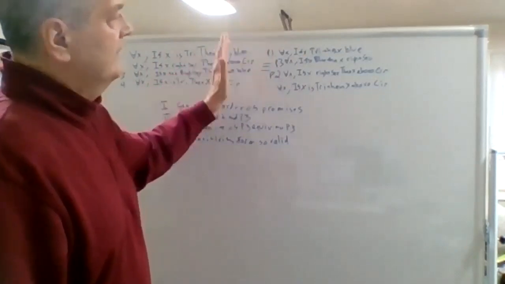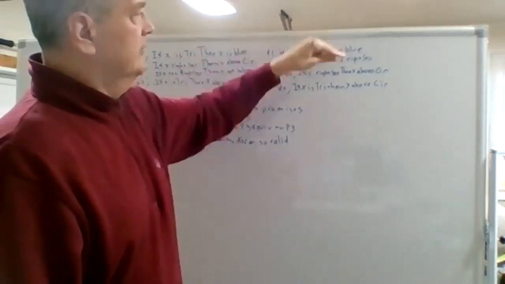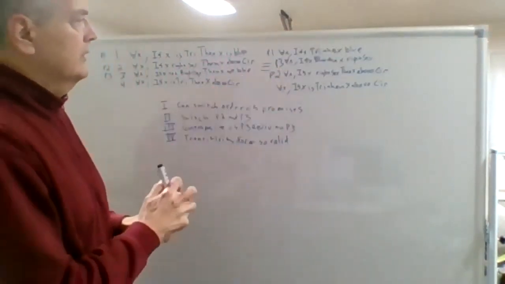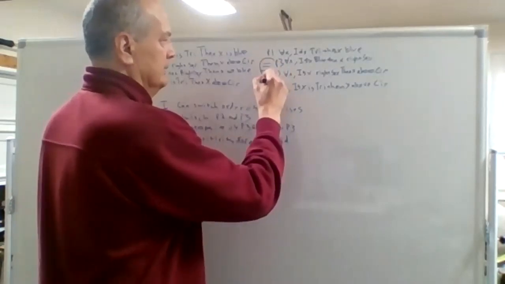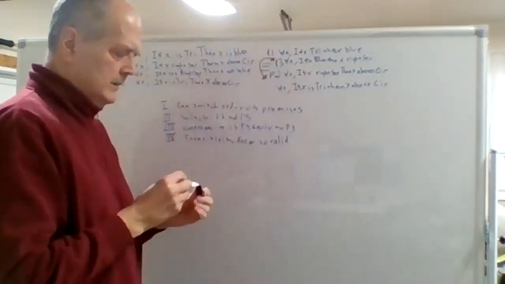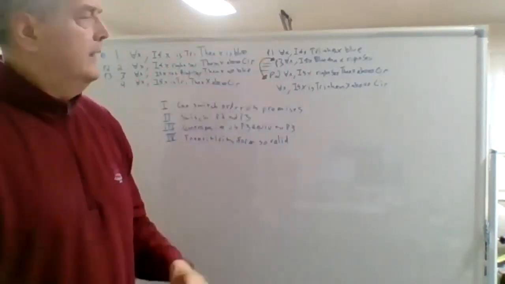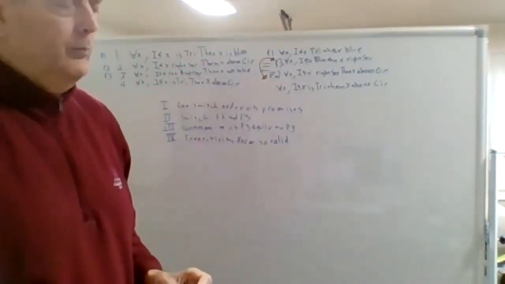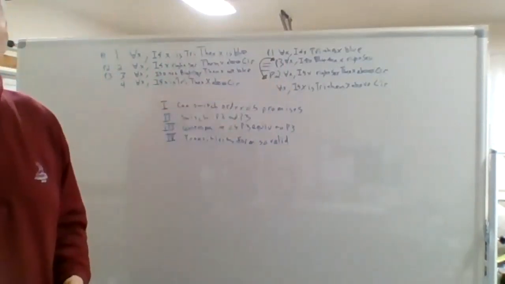So our first premise equivalently is for all x, if x is a triangle, then x is blue. However, we're going to switch the places of premises 2 and 3. So we put premise 3 in second place and premise 2 in third place. So we can switch, in this case, 2 and 3 around.